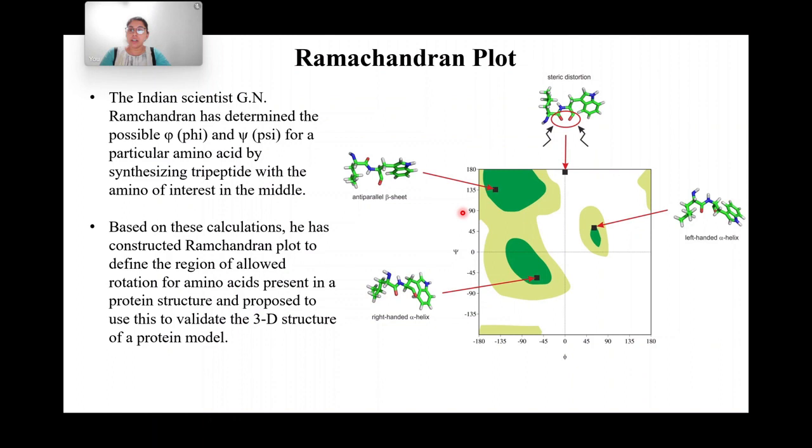These are for being in a right-handed helix: for the amino acid for which this plot has been generated, for being in an alpha helix, these are the possible phi and psi combinations that the amino acid can take. For being in an anti-parallel beta sheet, this is the space that it can occupy. And for the left-handed alpha helix, these are the spaces it can occupy. That's how you interpret an amino acid.